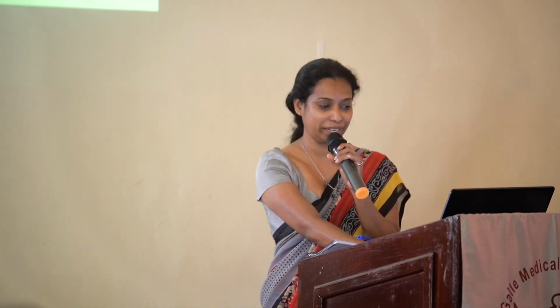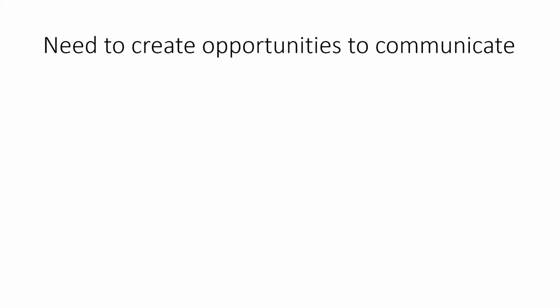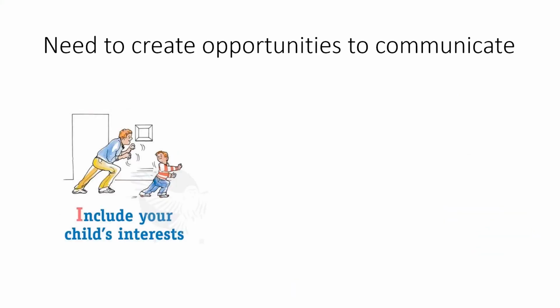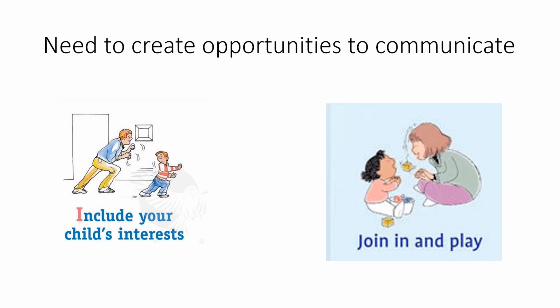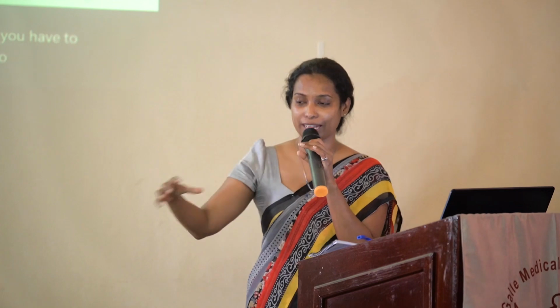You can comment about it. The next one is to include your child's interest. We have discussed already that you have to identify what things the child is interested in. Use that as an advantage to improve their attention for a little bit longer time.